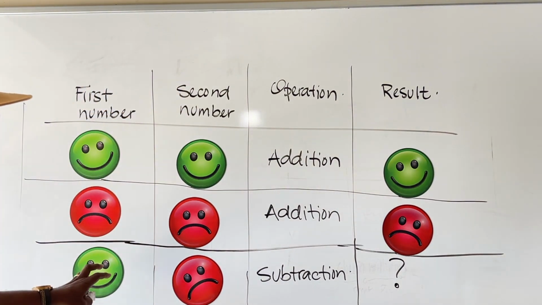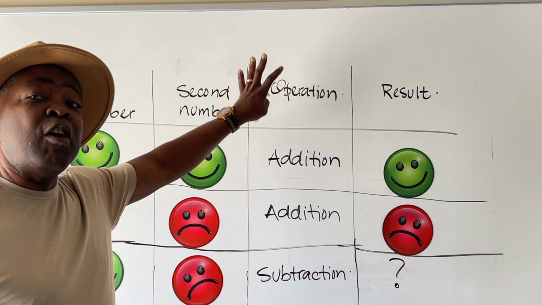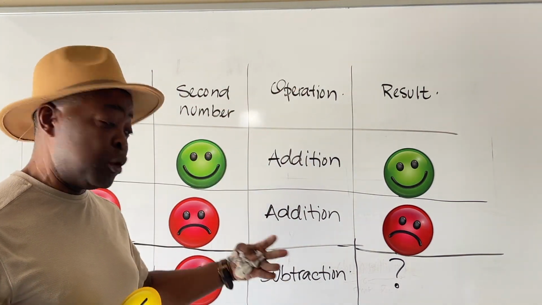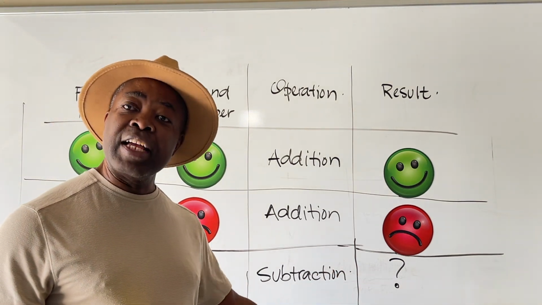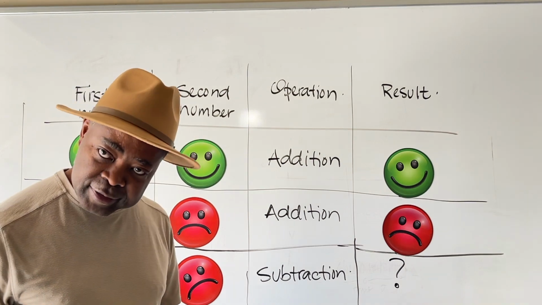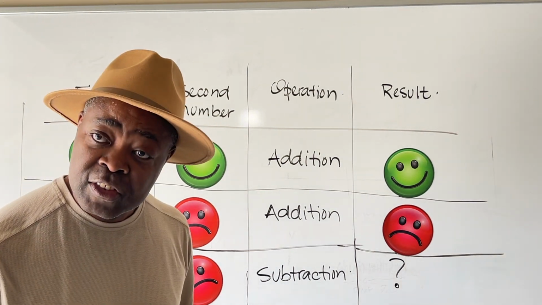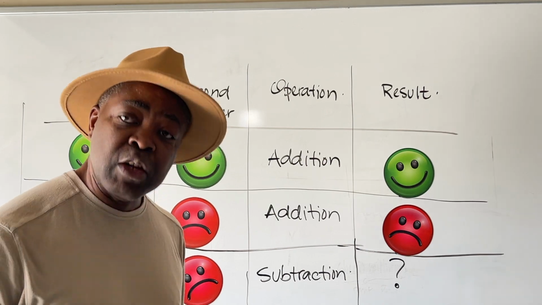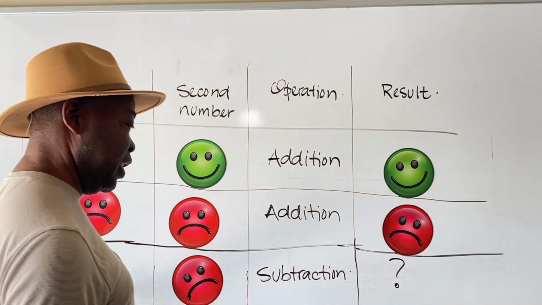When the numbers have different signs, in terms of operation, I know I have a subtraction. But what's the result? I don't know. It depends on the numbers. It depends on which number is the largest. Which one, is it the positive or the negative? So I do a subtraction.